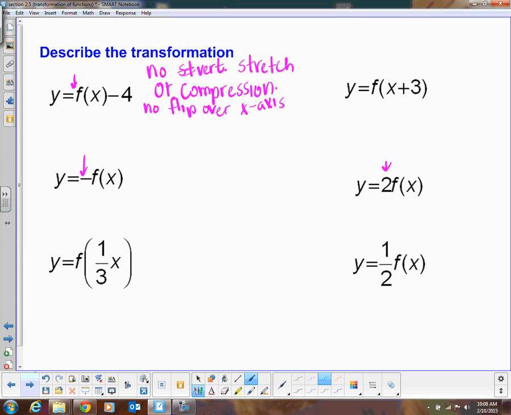So I'm going to go to this page. If we look at this, what will you tell me? The function did what? Move to the left 3. Okay? We already talked about this one. What is this? Horizontal.